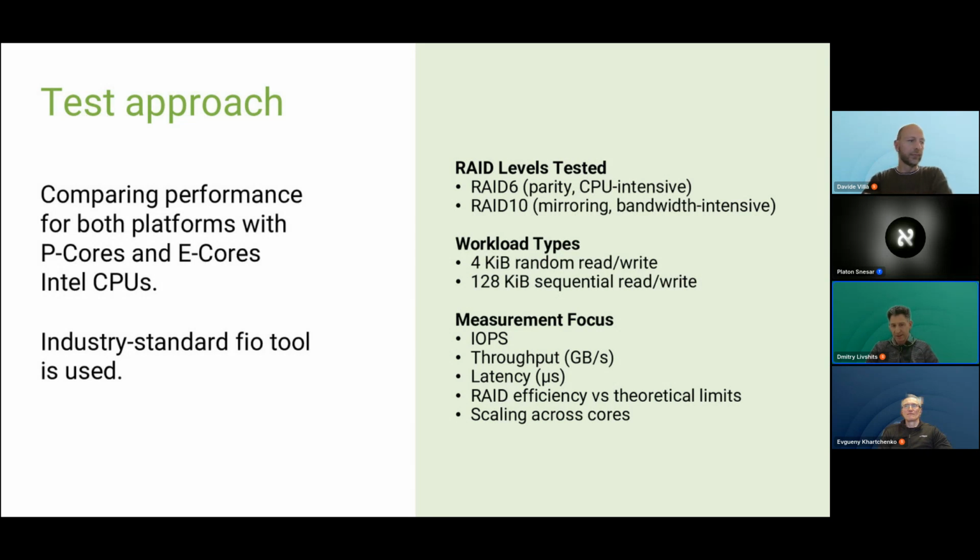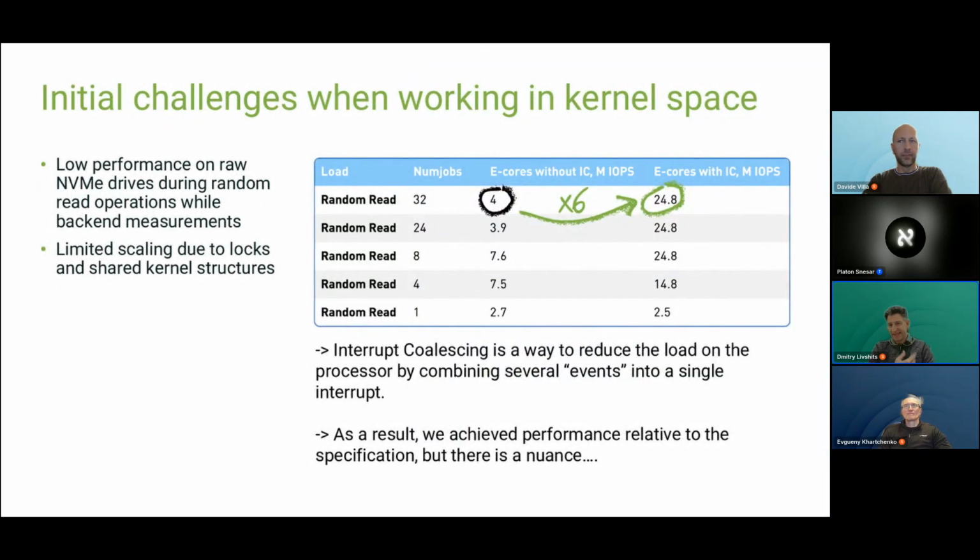So what did we measure? We measured IOPS, throughput, and latency. Let's see what we can get out of the system without any RAID protection, just looking at the drive subsystem itself for this installation. We can see that we get 4 million IOPS without interrupt coalescing.